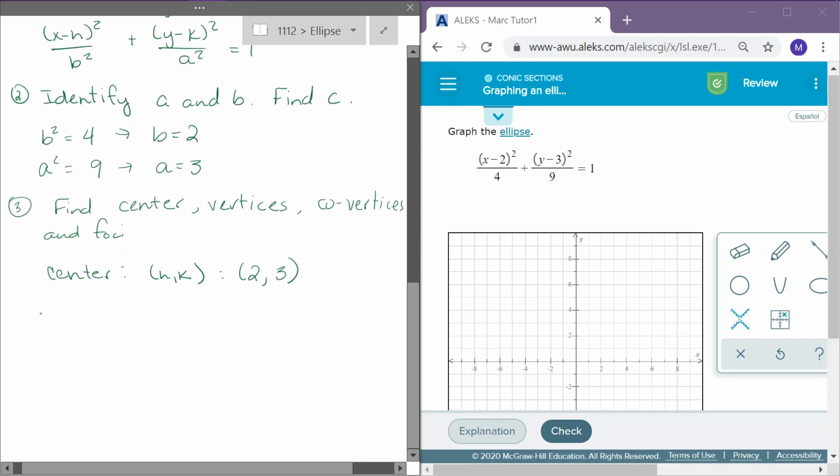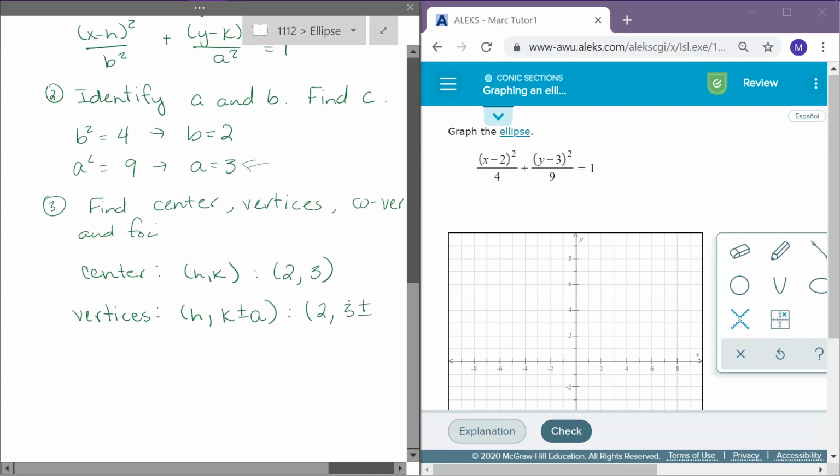Next, let's look for our vertices. We know that that is (h, k plus or minus a). So we have (2, 3 plus or minus 3), since we said our a is 3. So we have (2, 6) and (2, 0).